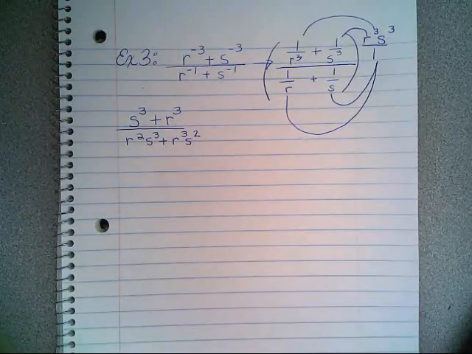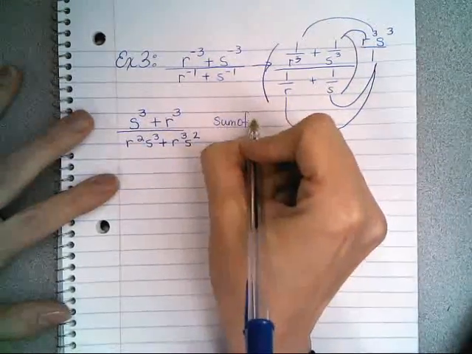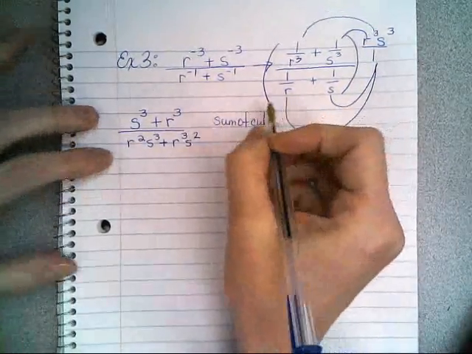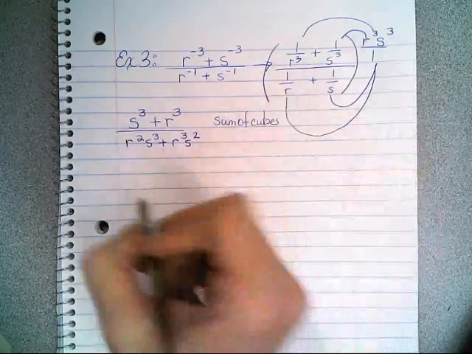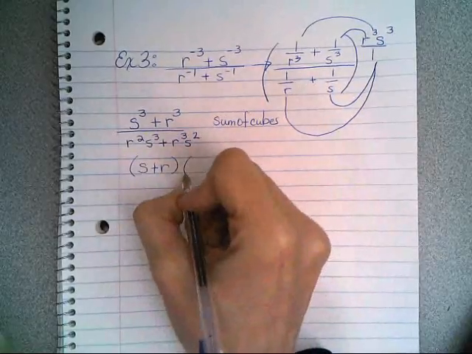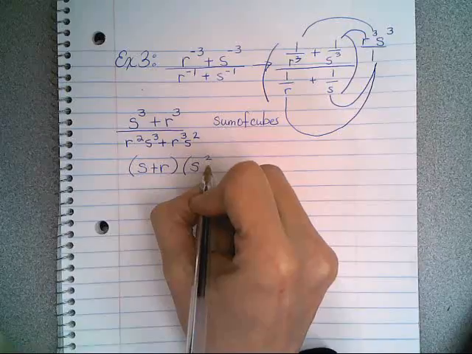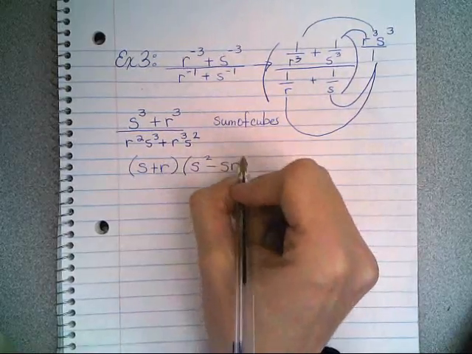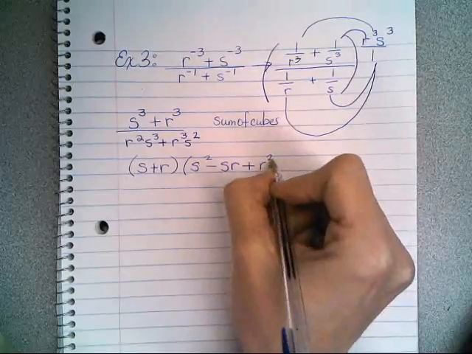Okay? So let's try and factor this out. This is a sum of cubes. Which factor pattern you guys had a couple sections back? S plus R, so A plus B. And then A squared minus AB plus B squared.